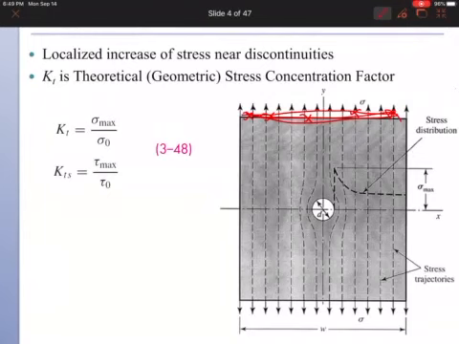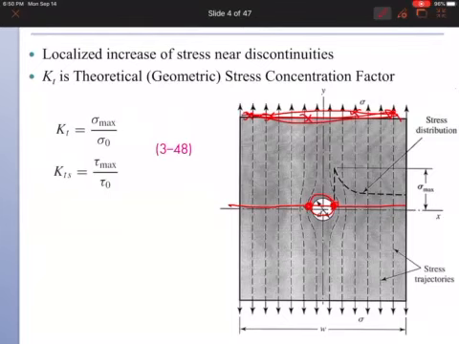But in this cross section, because we have a hole here, if failure will happen, it will start at these points. And that's because we have stress concentration in these points, which means stress is greatest at these locations. So stress will be more in these points.